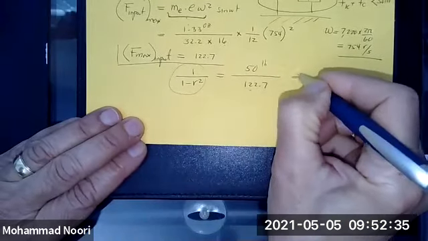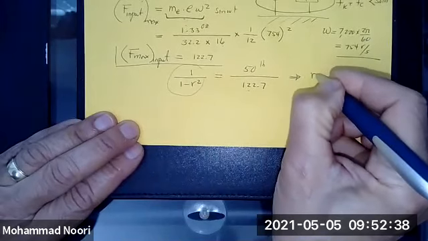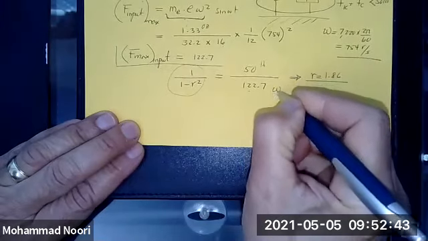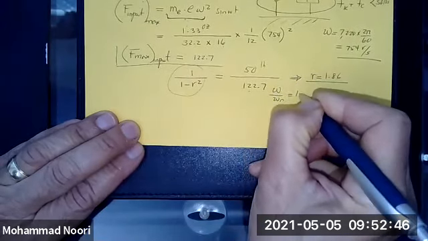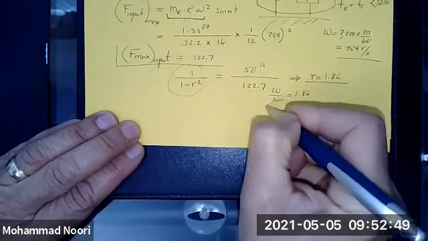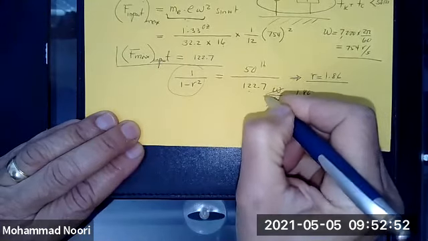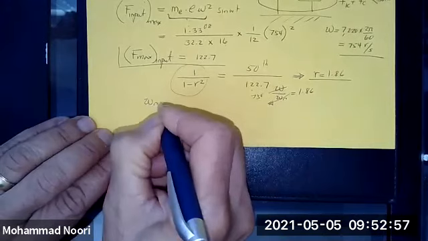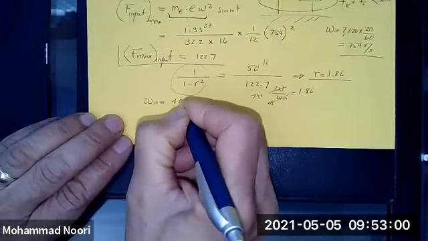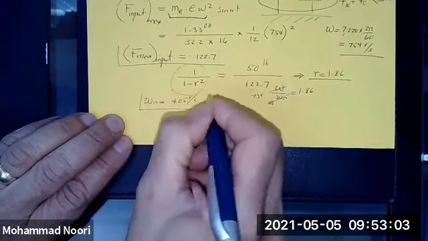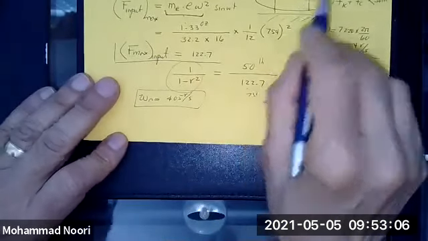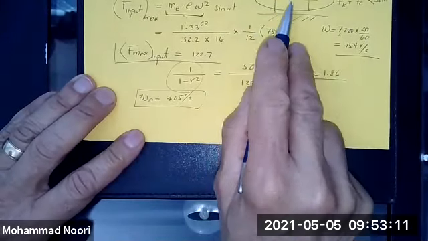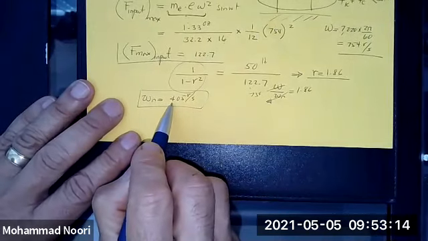So from here, we can find what R should be, 1.86, where R is omega over omega n. We have omega here, 754, so we can find omega n. Omega n comes out to be 405 radians per second. So we need to design this system such that the natural frequency of this system is this.